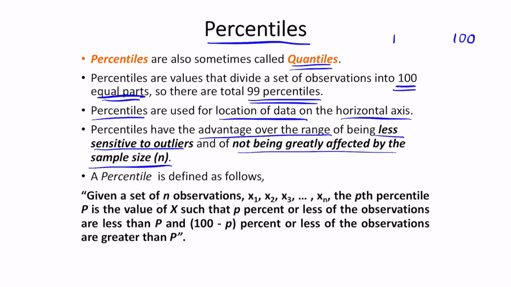Given n observations, the pth percentile is the value of x such that p% of values are less than it and 100 minus p% of values are greater than it. Let's take a simple example.